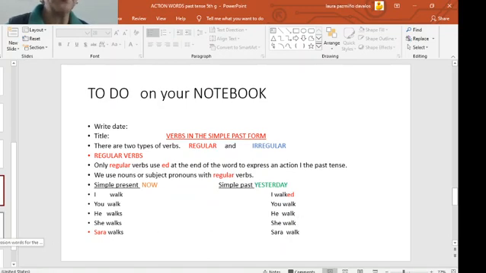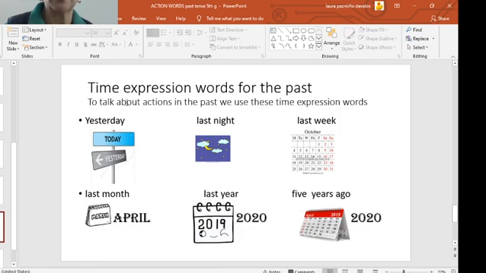Y luego vamos a poner estas time expression words que también son súper importantes. It's up to you. No necesitan exactamente hacer estos dibujos. Si les ayuda mucho el dibujo, prefiero que lo hagan palabra y dibujo, porque eso ayuda mucho para que tengan una idea de lo que es yesterday, last night.